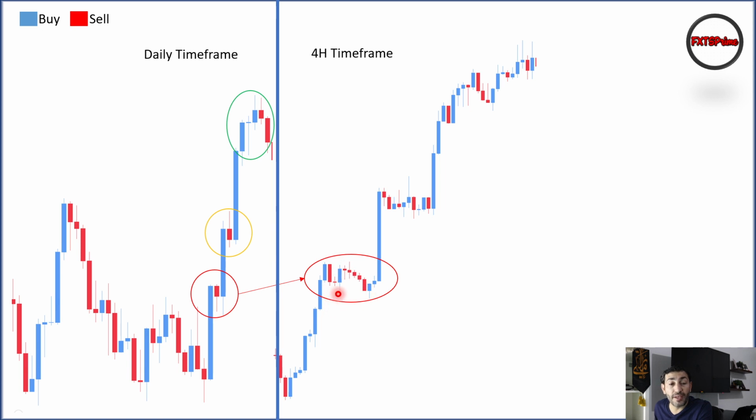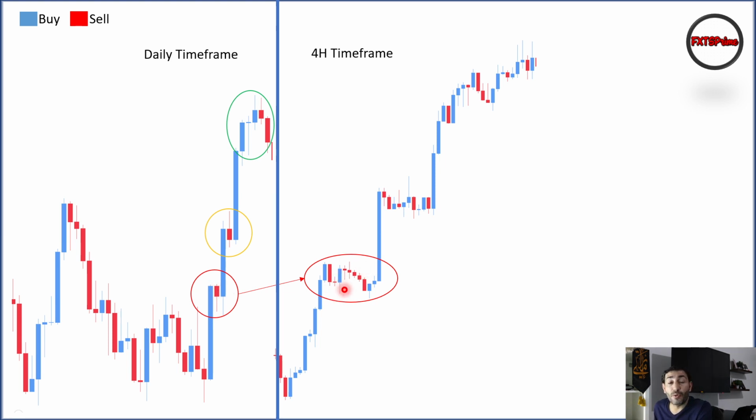If you look here, guys, you're going to see this is a continuation pattern. However, when I drill down to the lower time frame, I will see that there is a continuation pattern which is clear on the lower time frame. So why do I use the lower time frame and not the higher time frame for an entry?